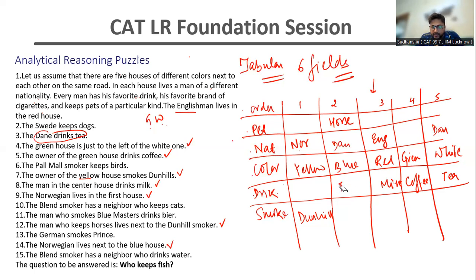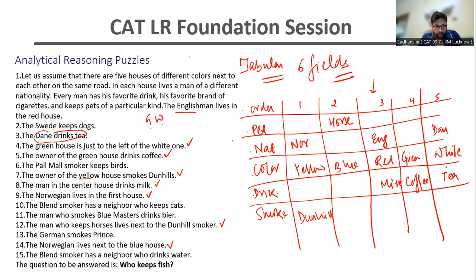Let us take one of the possibilities. If the possibility is incorrect, it will reveal itself, so don't worry about it. There are only 2 possibilities, and I am aware of both. The mistake is when I am not aware of one. If I am not aware of one of the possibilities, that's a big mistake in LR. So Dane drinks tea is something which I know.